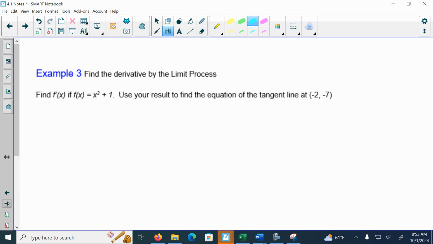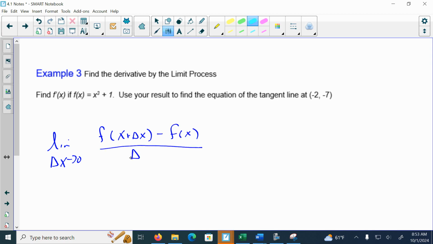So I'm going to take the limit as delta x approaches 0 of f of x plus delta x minus f of x, all over delta x. This is going to be the same formula every single time if I'm finding the equation. So in place of x, I'm going to write x plus delta x.